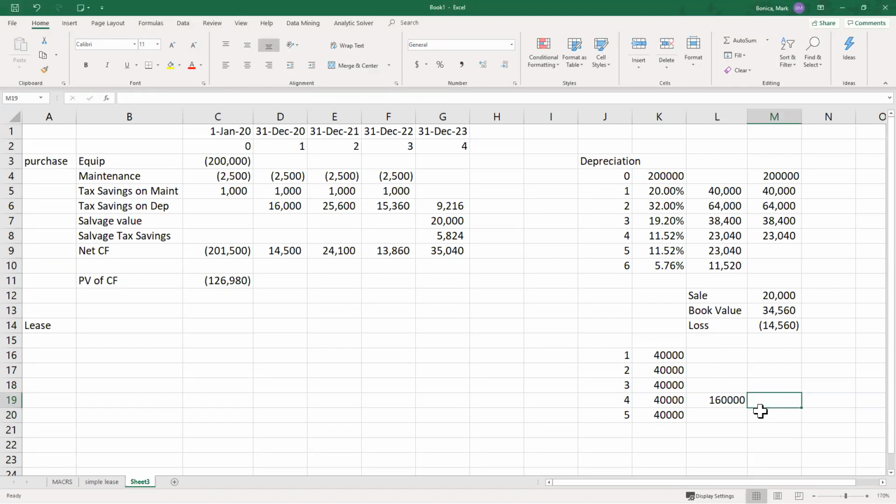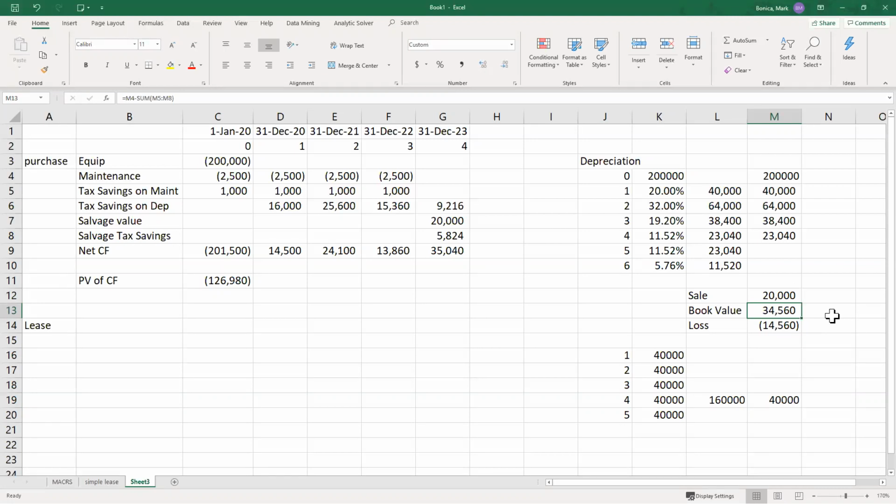So our book value would be the 200,000 minus the accumulated depreciation. You'd have a $40,000 book value. So if you sold it at year 4 under straight line depreciation, you'd actually have an even bigger loss because we'd be 20 minus 40 instead of 20 minus 34.5. So does that make sense, Ariana?